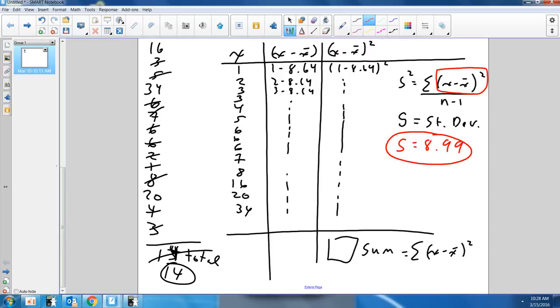8.99 means that a distance of 8.99 away from the mean is going to be your typical standard deviation with all of those numbers.